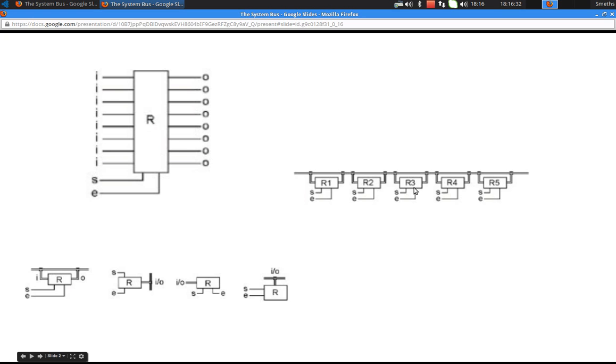I could do something more complicated. I can turn the enable of R2 on, which puts all of R2 onto the bus. I could turn the set of R3 on, the set of R4 on, at which point the data will go into R3 and R4. I would then turn the sets of these two off, and the order is important. You want to enable first, then turn the sets on, then turn the sets off, and then turn the enable off.